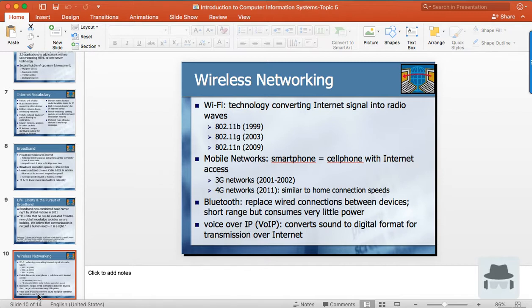What happens with voice over IP is that the sound waves are converted, instead of just simple electric signals, into a digital pattern. The digital pattern is sent via packets to a destination, which is then translated back into the sound waves, which are then presented back.